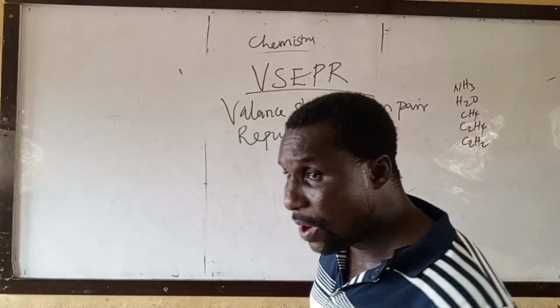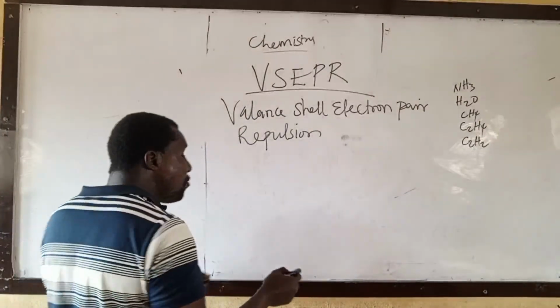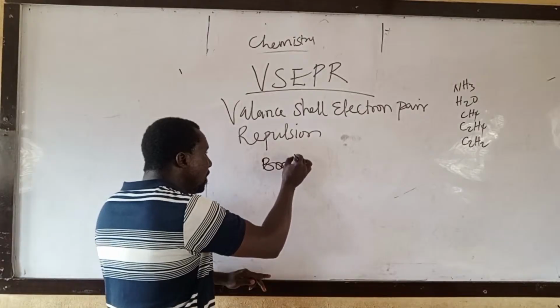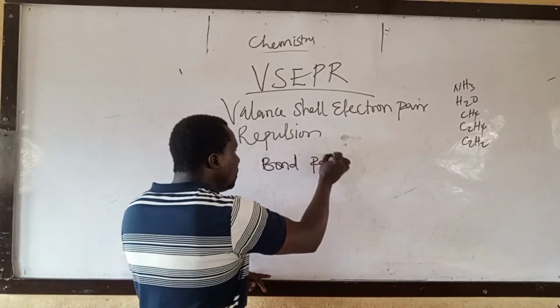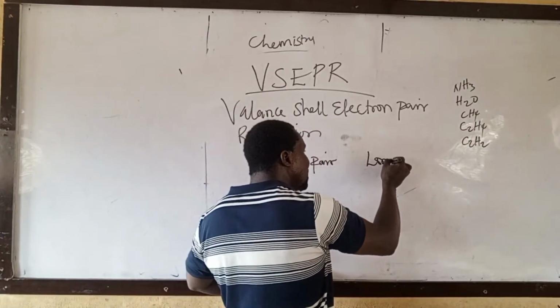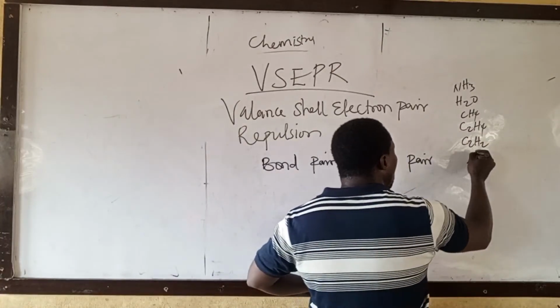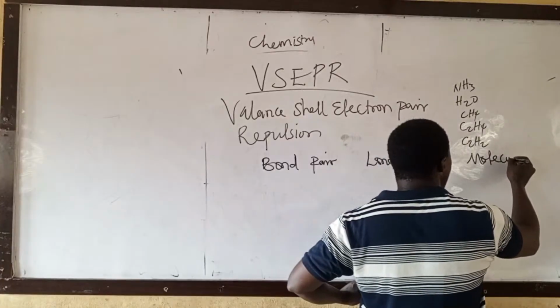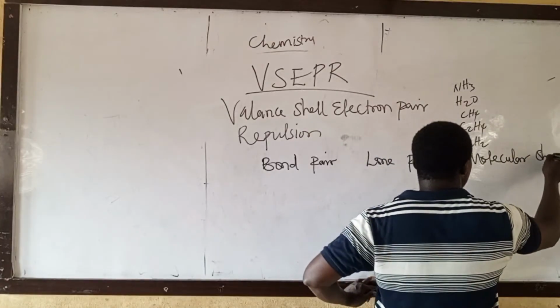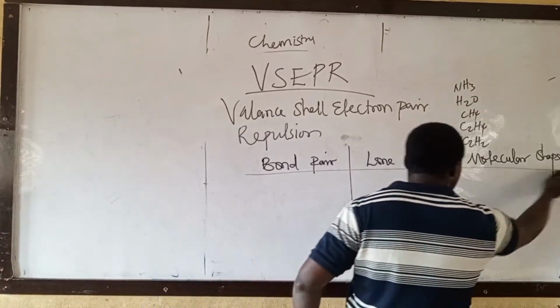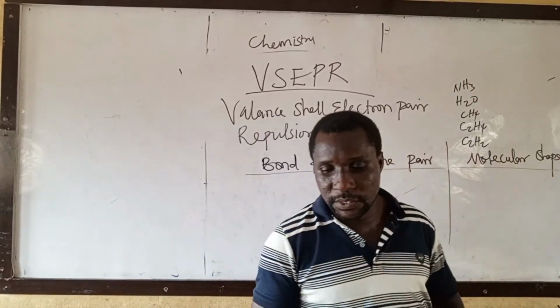When you have a molecule, let me write bond pair, lone pair, molecular shape. Write this thing. Write it, please.